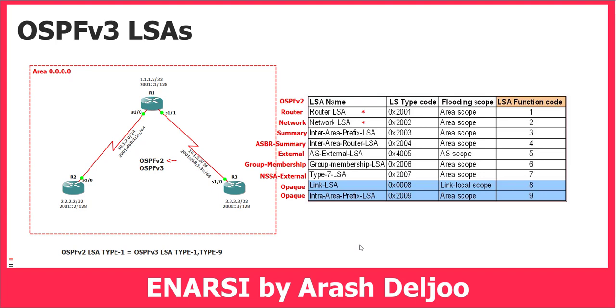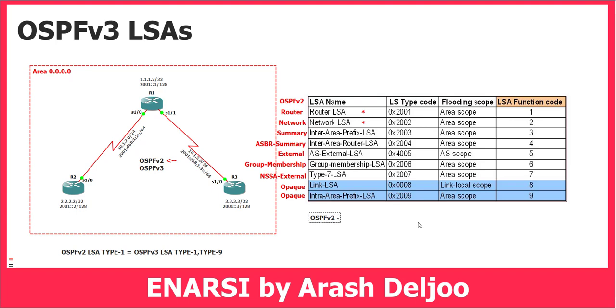In OSPF version 3, in LSA type 1, we don't have any information about the addressing. We only have information about the connectivity to the other routers. Let me review LSA type 1 of OSPF version 2. Look here.